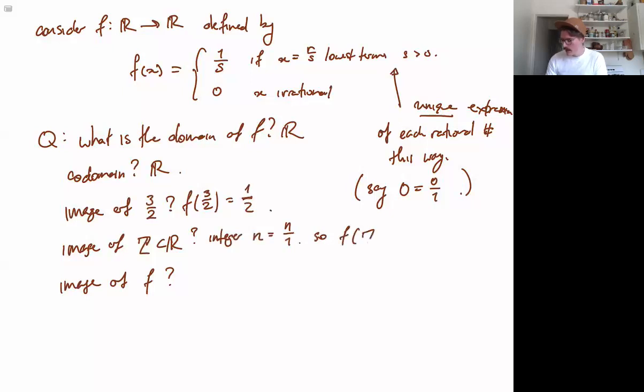So f of the integers is going to be a subset. If you plug in a particular element, you get a particular element. If you ask about the image of a subset, you will get a subset. But in this case, the subset only has one element, because every integer maps to 1.